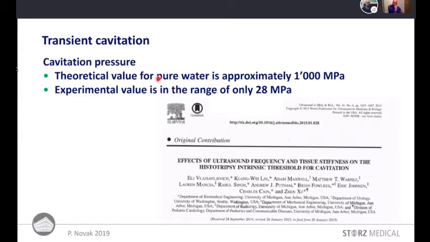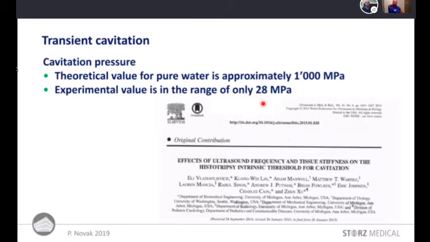Now when cavitation takes place, I mean this destructive transient cavitation where the vapor bubble is formed, from the theoretical point of view one would need a negative pressure of 1000 megapascal. This, of course, is not achievable in nature. Experimentally, in the lab or in nature, you can achieve this effect with a lower pressure, and it always depends on the conditions.